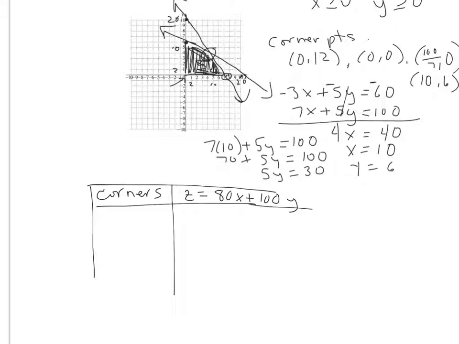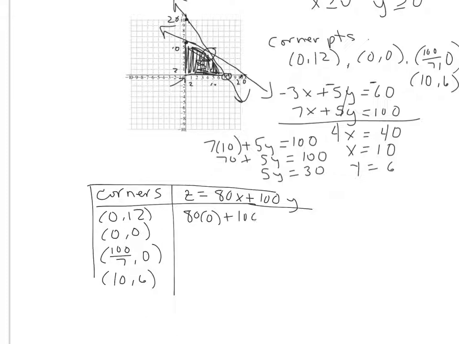Okay, here are our four corners: (0, 12), (0, 0), (100/7, 0), and (10, 6). So let's plug in. We're going to have 80 times 0 plus 100 times 12 equals 1,200. (0, 0) is just going to be 0.